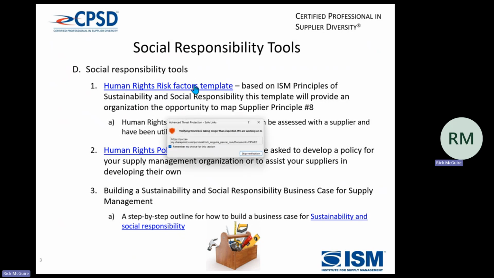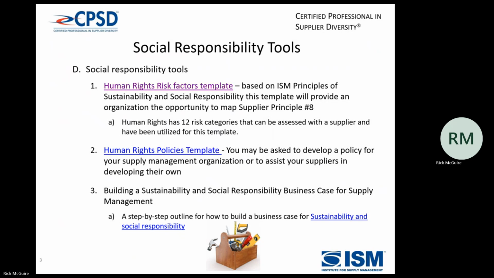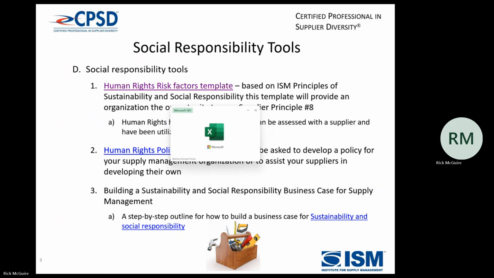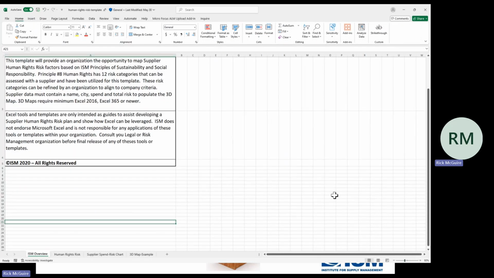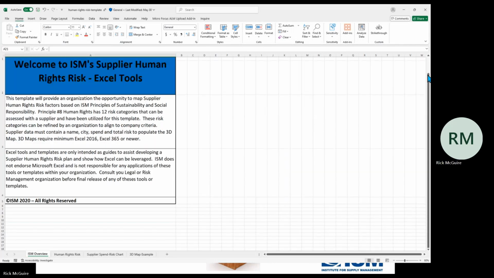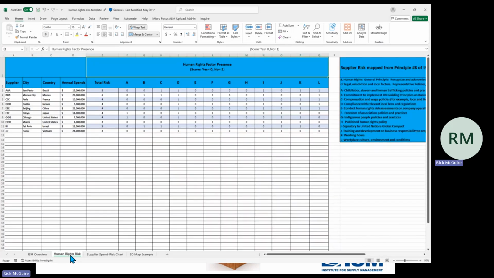So let's see what this is all about. ISM supplier human rights. All right, so that's what it's about on the overview.